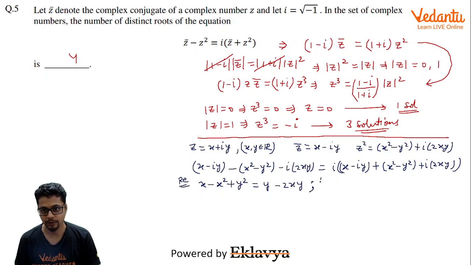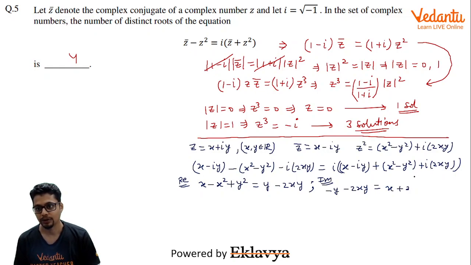What about the imaginary part on both sides? For both sides to be equal, the real and imaginary parts should be respectively equal. So here you get minus y minus 2xy is equal to x plus x square minus y square.